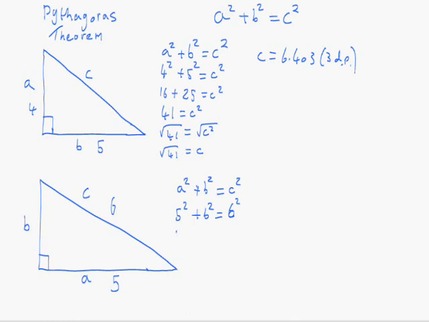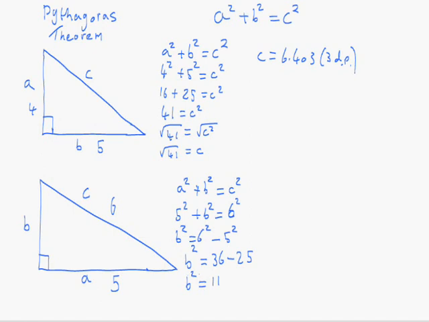So, we get B squared equals 6 squared minus 5 squared, since we've subtracted 5 squared from both sides. So now if we square these values, we get B squared is equal to 36 minus 25. So B squared equals 11.